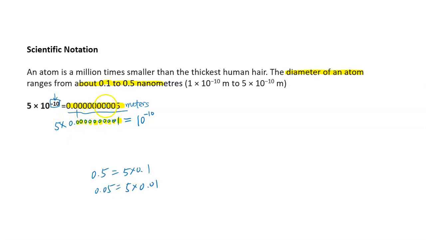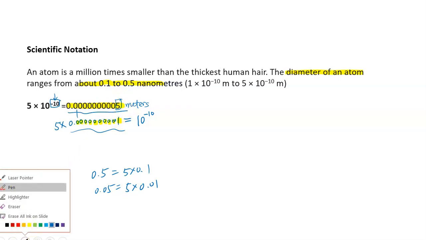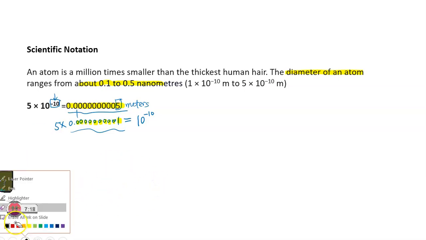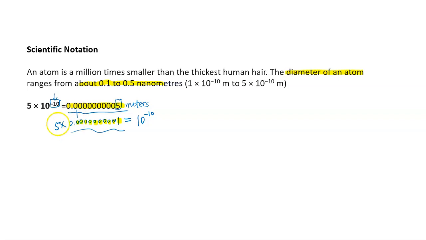So when you look at these two very small numbers, we can obtain the top one from the bottom by multiplying by 5, because it's 5 times literally. So that's why we have a 5 times in front of it for the diameter of the atom, because we do have a 5, we don't have a 1 there.